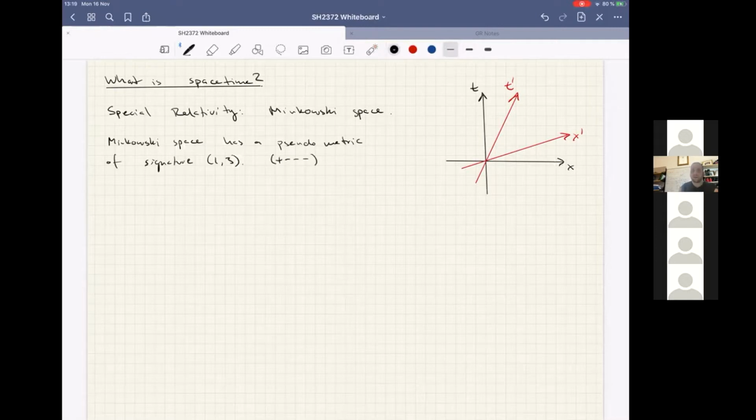Which essentially means it's going to have 4 non-zero eigenvalues. And the signature here is answering the question, how many eigenvalues are positive and how many eigenvalues are negative. And with our convention, with a 1, 3, we have 1 positive eigenvalue corresponding to temporal directions and 3 negative eigenvalues corresponding to spatial directions.